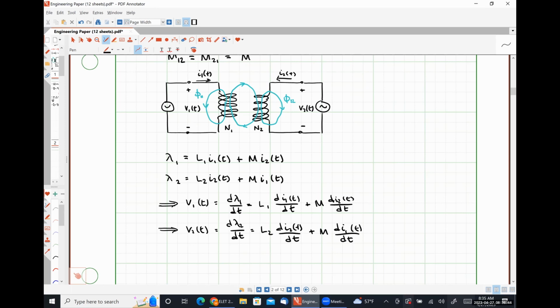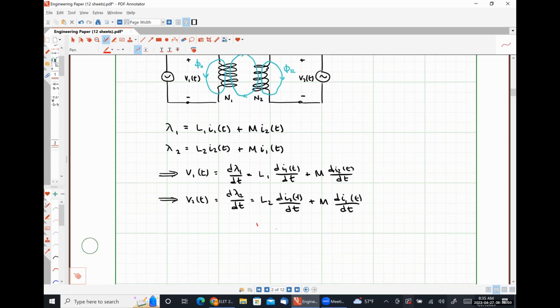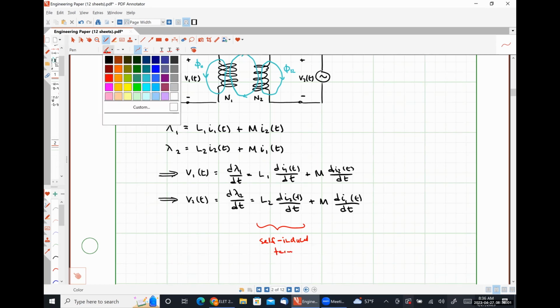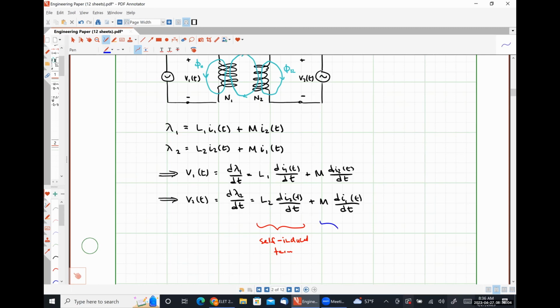So for each of these voltage expressions, we have a self-induced term, and we have a mutually induced term, right?